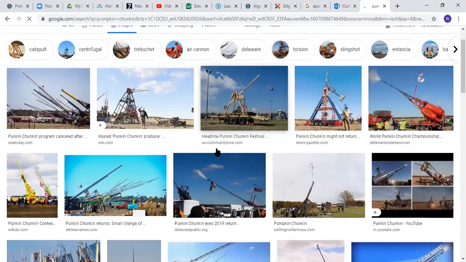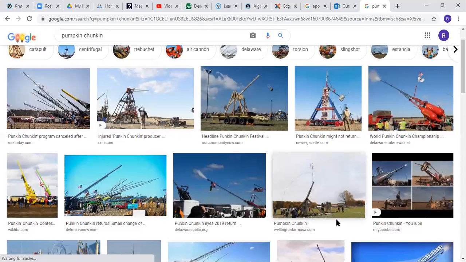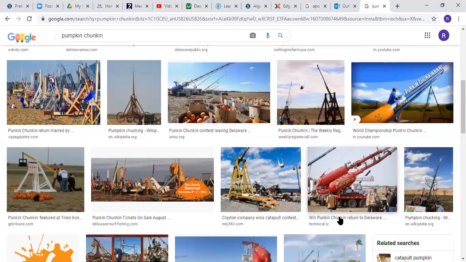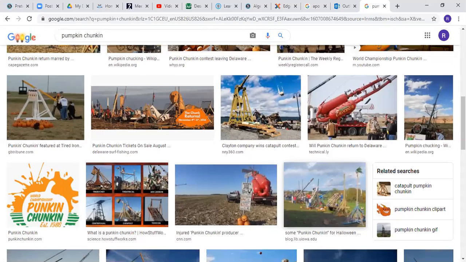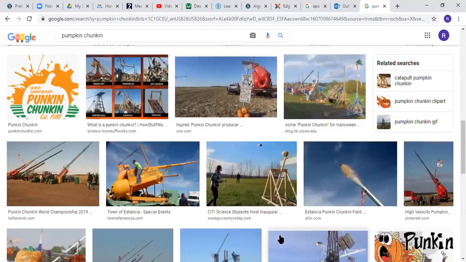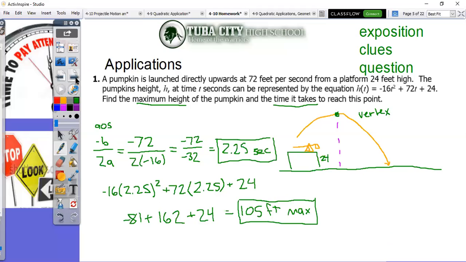I don't see any big videos, but basically they have machines that launch big old pumpkins. And it's like a competition where these people build things from catapults to air cannons, and they'll launch these pumpkins as part of their competition. So, you know, maybe I'm guessing it's something like this. So, yeah, okay, it's quite forceful. So I guess it makes sense.